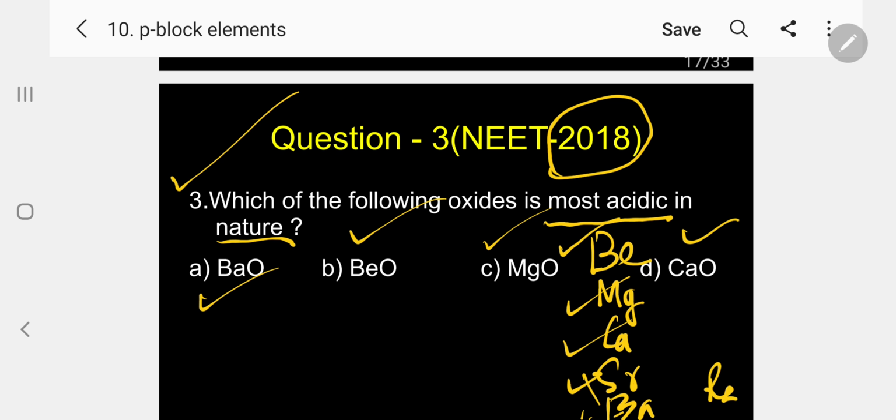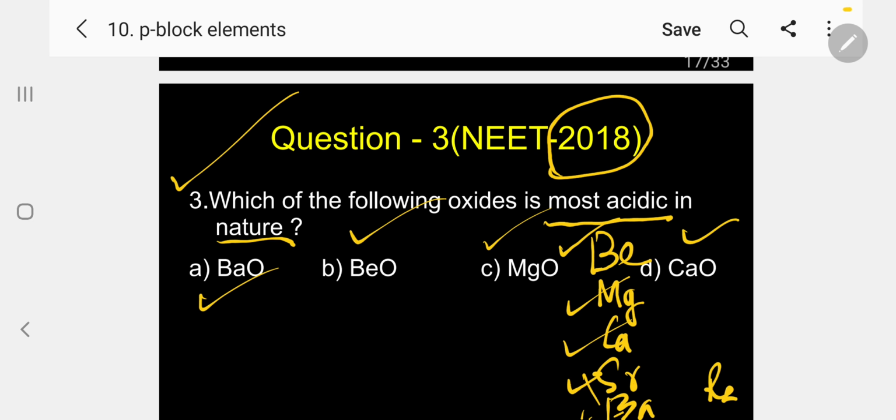We have to compare the acidic nature. Actually, all are basic. When you studied the S block elements, oxides are bases; all the elements combine with oxygen to form bases. But here the question is about acidic nature, so you should be careful.